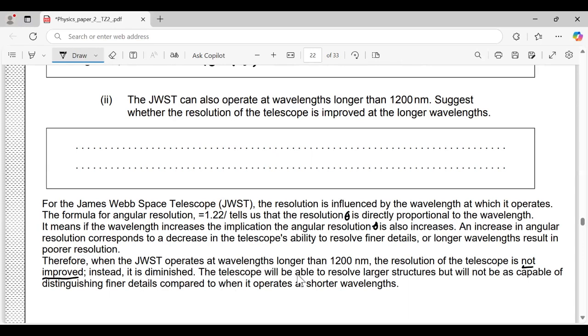The telescope will be able to resolve larger structures, but will not be as capable of distinguishing finer details compared to when it operates at shorter wavelengths. I think it is clear for you students.